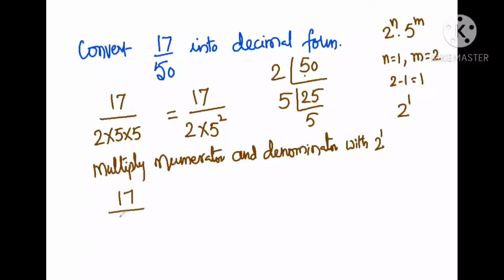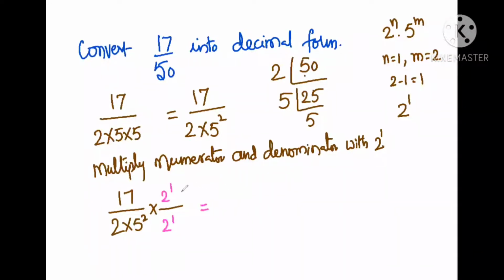17 by 2 into 5 square. Now we are multiplying numerator and denominator with 2 power 1. Then the value of the fraction does not change. Why? Because we can cancel this and again get the same fraction.